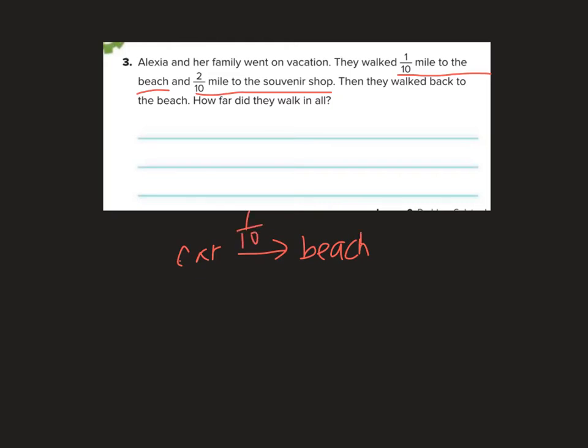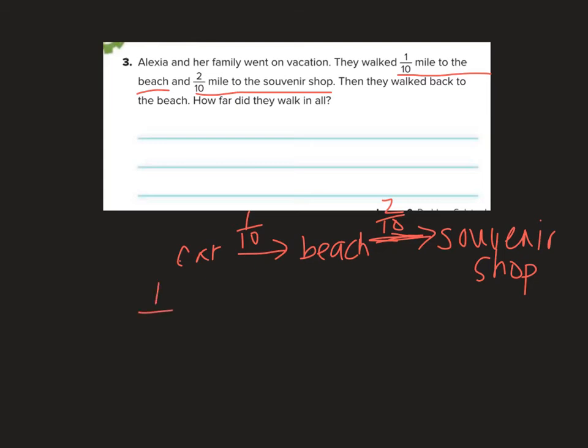And then they walked to the souvenir shop. That's a funny word, souvenir. 2/10 of a mile to the souvenir shop. Then they walked back to the beach. So I would assume they're walking 2/10 of a mile back to the beach. How far did they walk in all? Okay, so that's what I'm going to assume.